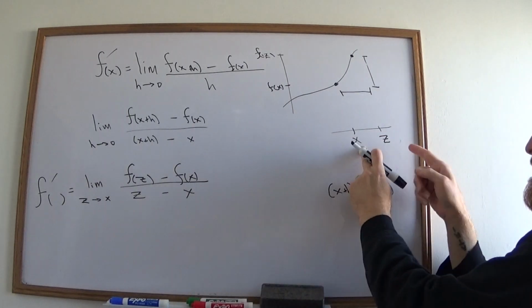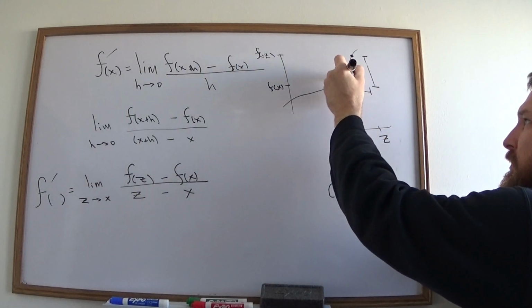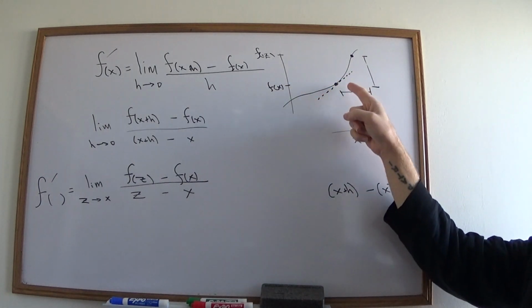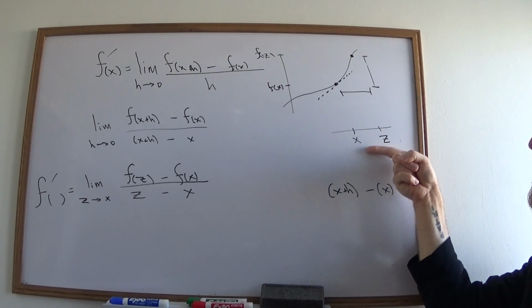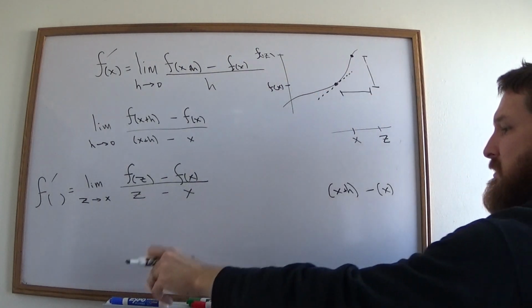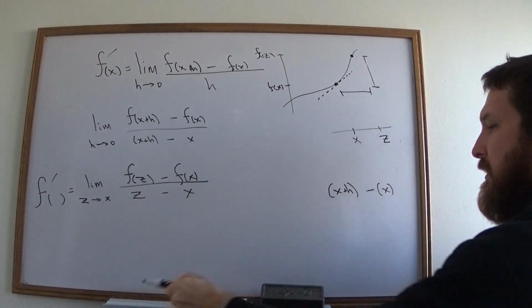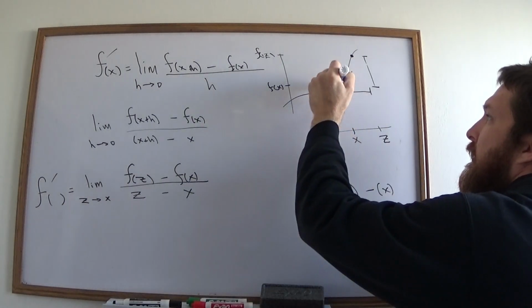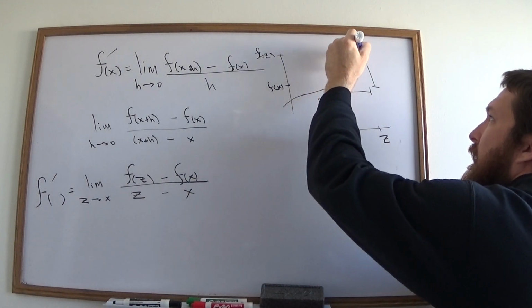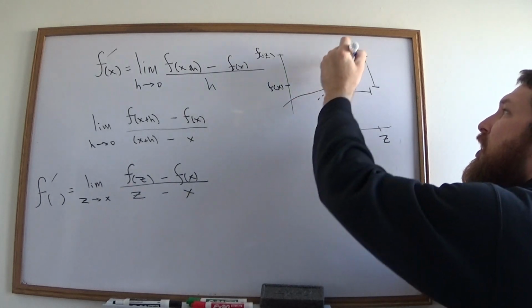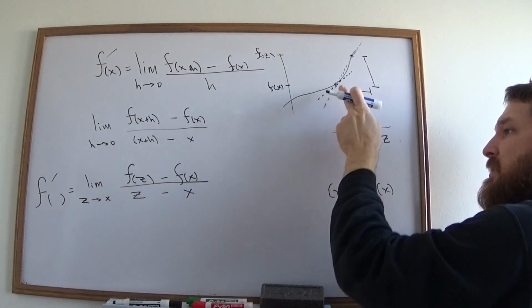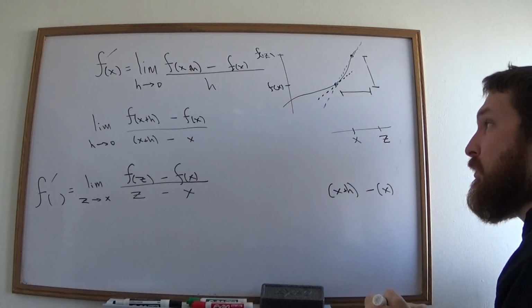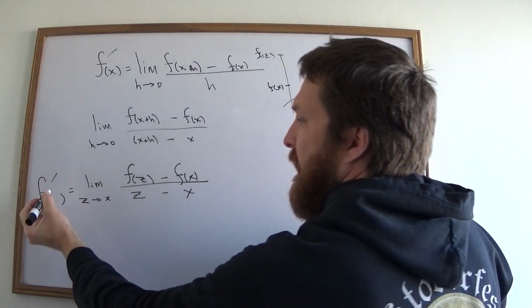X, because that will compute the slope right there. As z gets closer and closer to x, the slope of this secant line will get closer and closer to the actual slope you're trying to compute, and it will be at x.